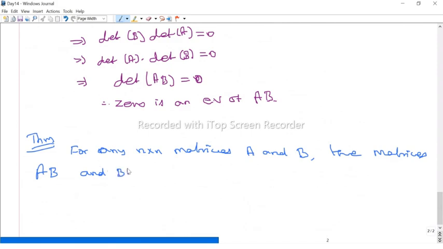In matrices, AB need not be equal to BA. That's why we talk about AB and BA. So the matrices AB and BA have the same eigenvalues.